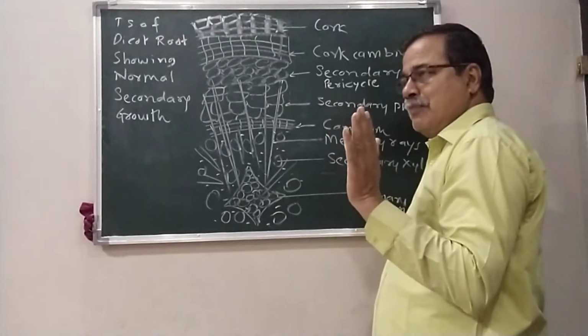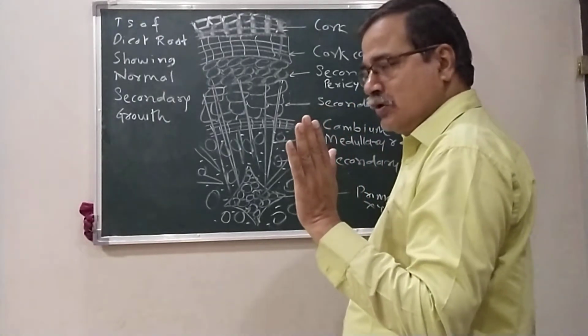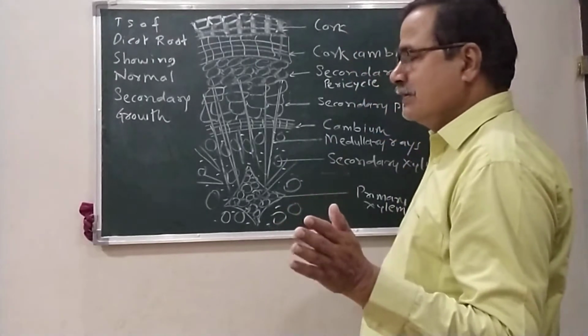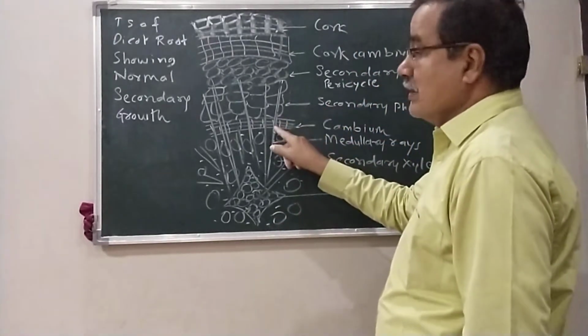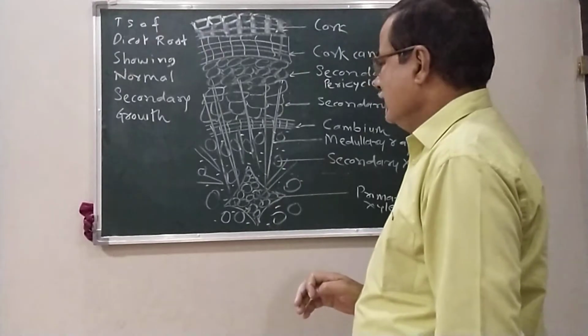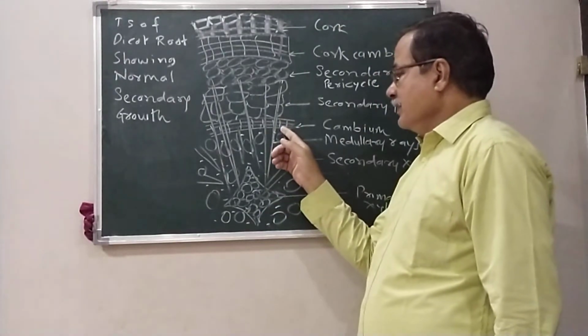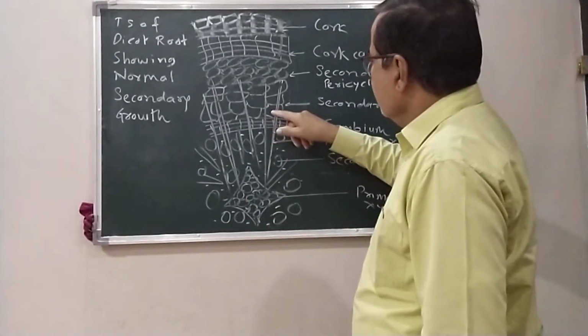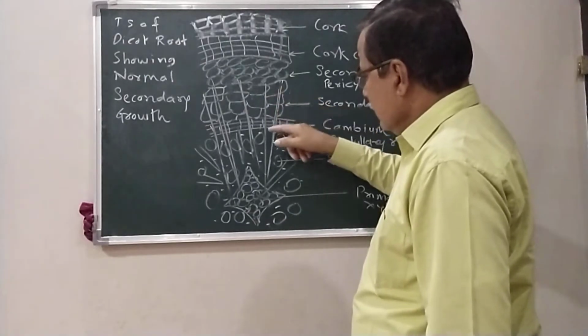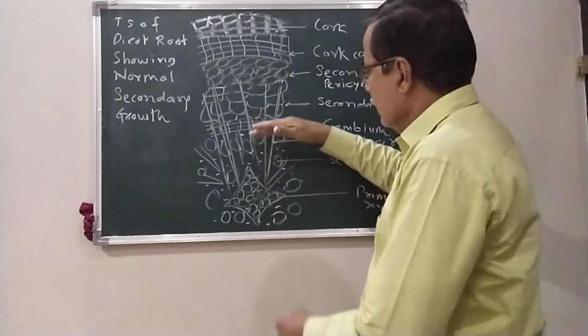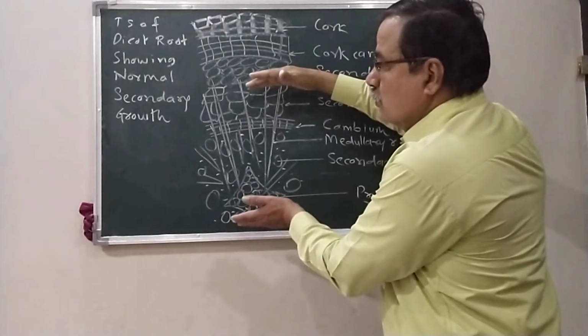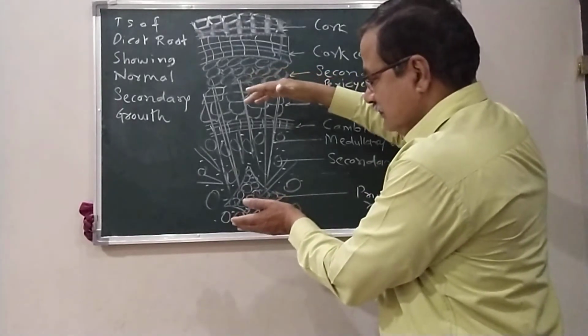Initially there is no cambium strip in the dicot root. Formation of the cambium strip is the main source, and here the cambium strip is formed. The primary phloem is pushed towards the outer side and the primary xylem towards the inner side. Thus, the diameter of the root goes on increasing day by day.